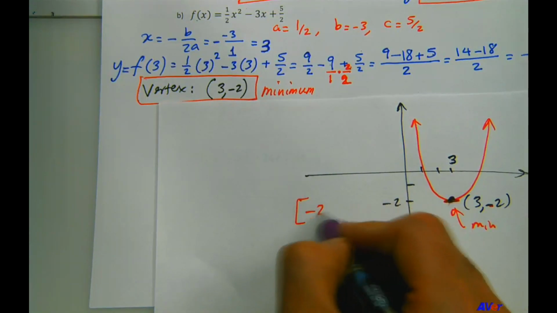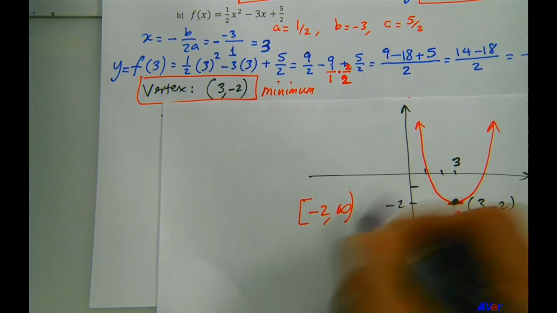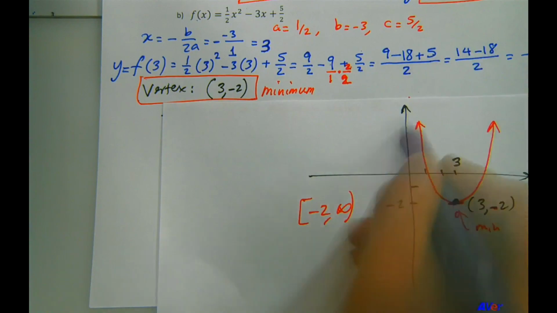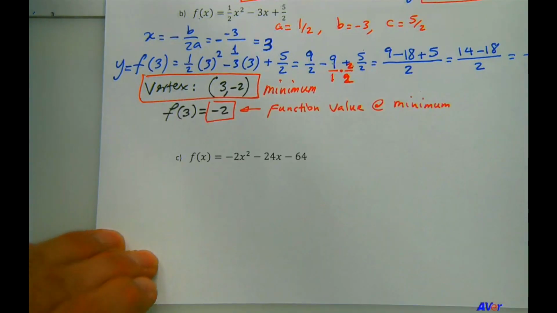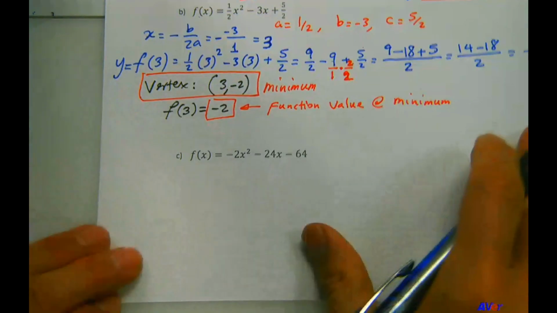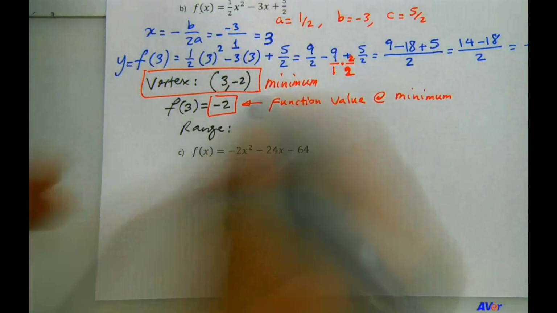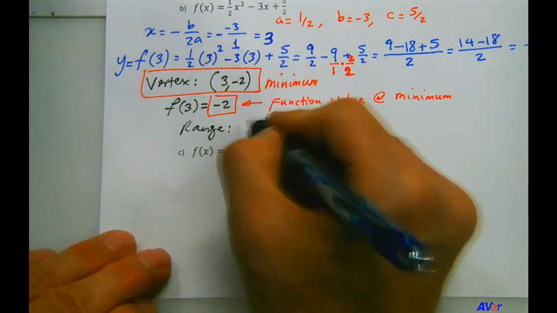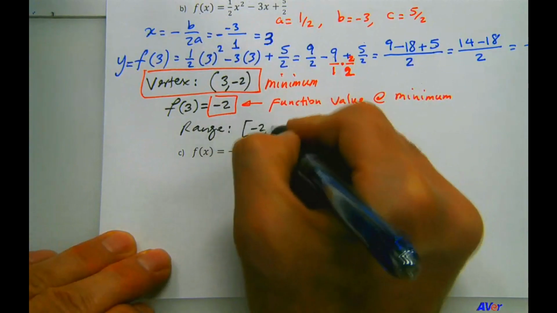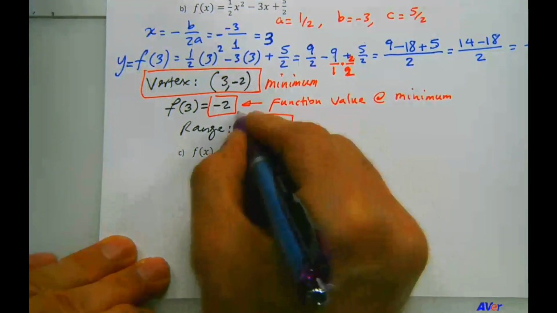So bracket negative 2, comma, and it rises up towards infinity. With respect to the y-axis, that's the behavior we see. So the range is equal to bracket negative 2 comma infinity, like that.